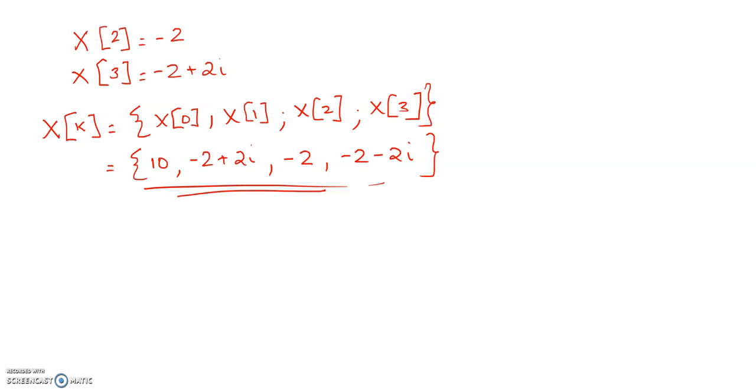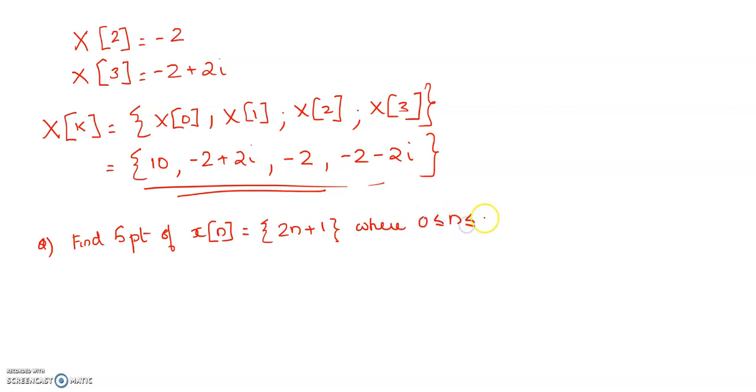So that covers up the DFT numerical part. So obviously you could get a question in another format, where a question could come as find 5-point DFT of x of n, where x of n is equal to 2n plus 1, where 0 less than or equal to n less than or equal to 2.